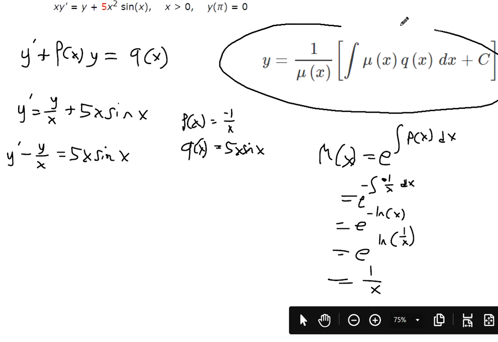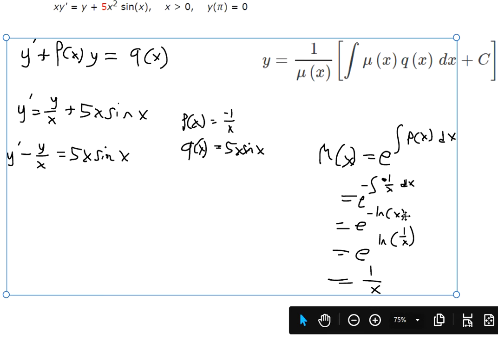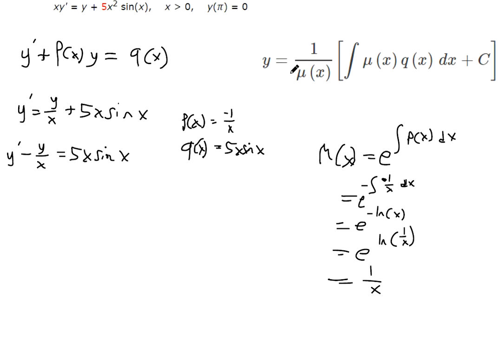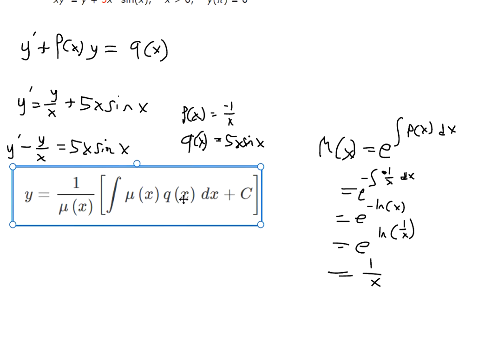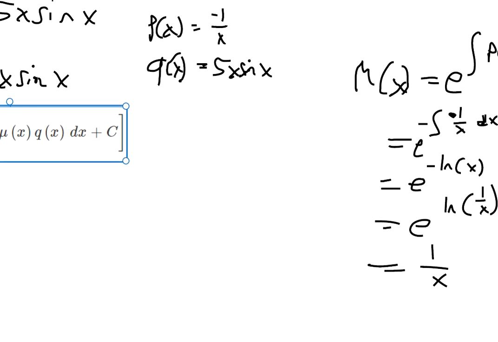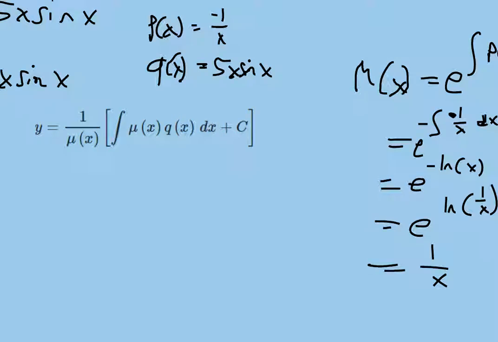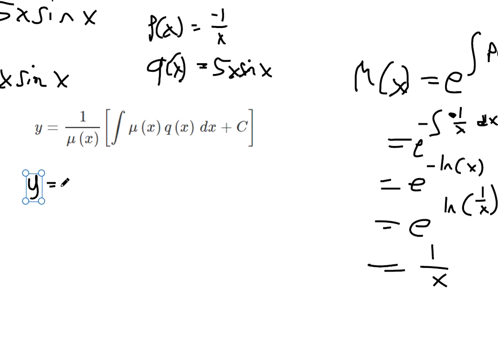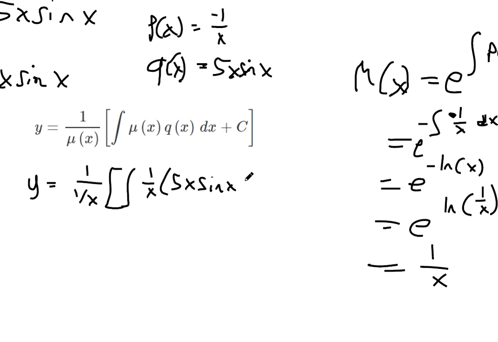So now we can use this formula now that we have everything. Okay, so plugging in our integrating factor, it's 1 over x times the integral of 1 over x times q of x, which is 5x sine x, dx plus c.